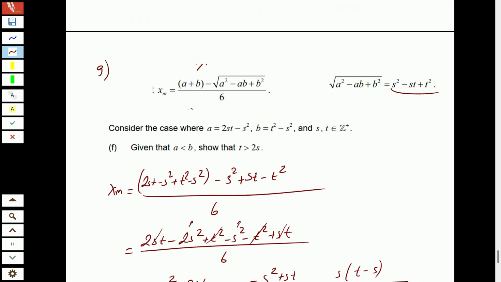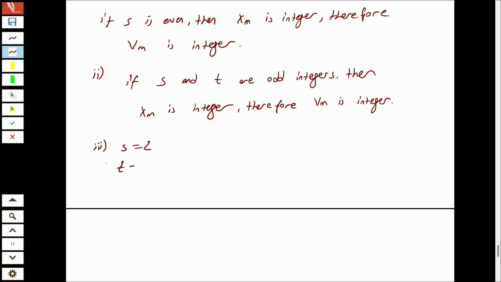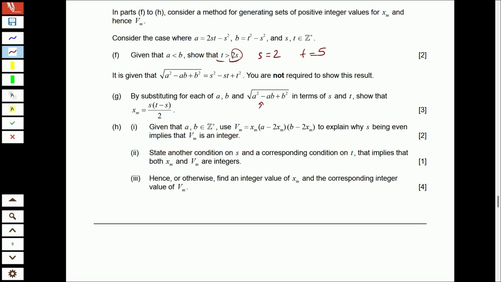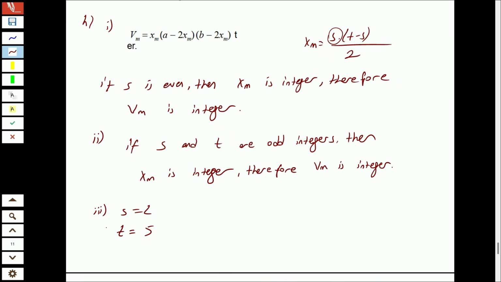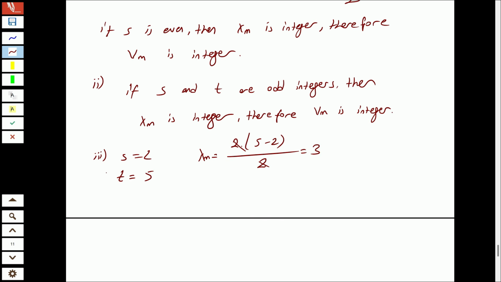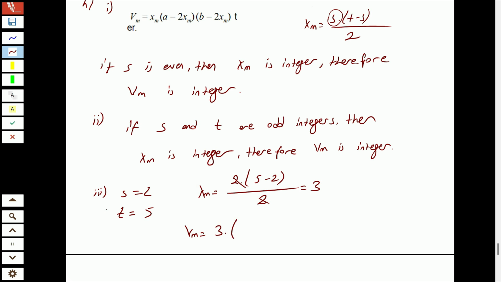I will write here s equals 2, t equals 5. So in this case, x sub m will be 2 times 5 minus 2 divided by 2. It is 3.